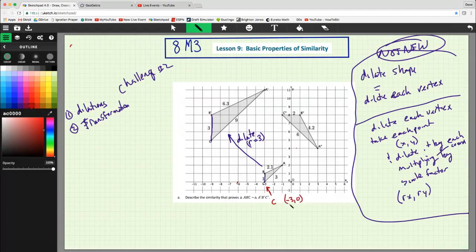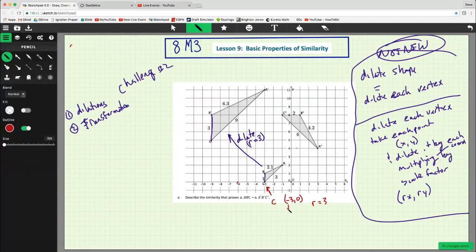So if I want to use an r equal to 3, because I'm making it 3 times bigger, my C prime, or my new point, is going to be 3 times -3, comma, 3 times 0. And that's going to be -9, comma, 0.